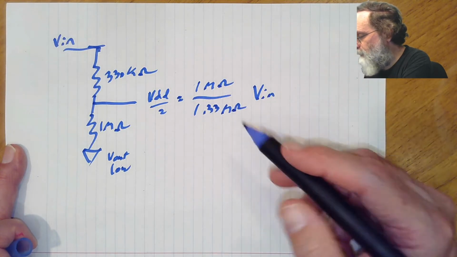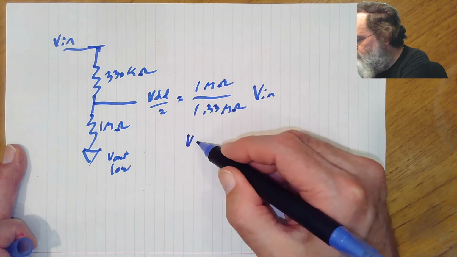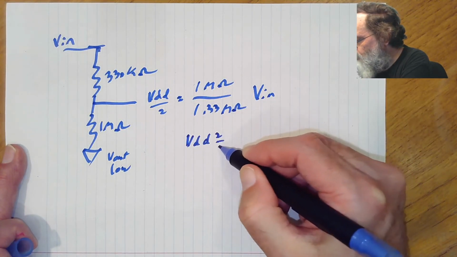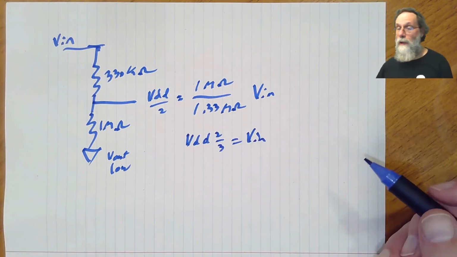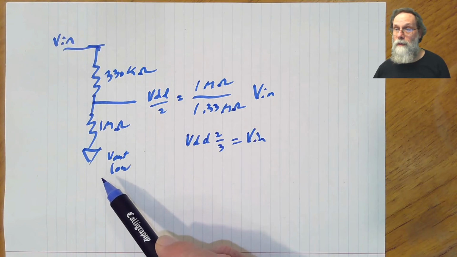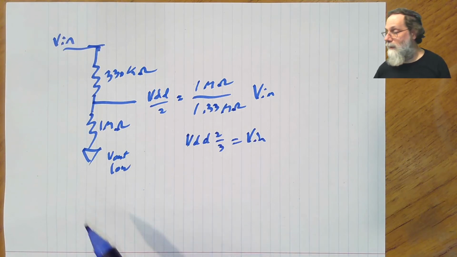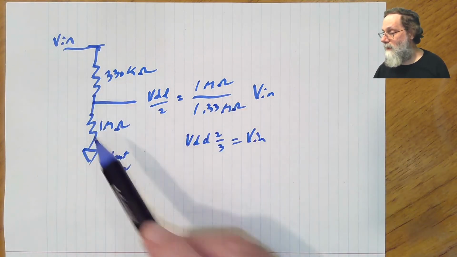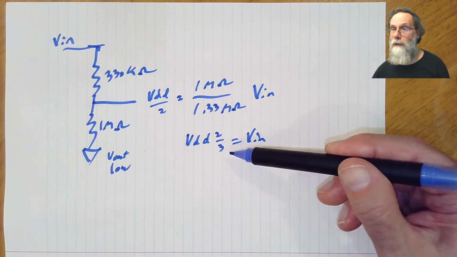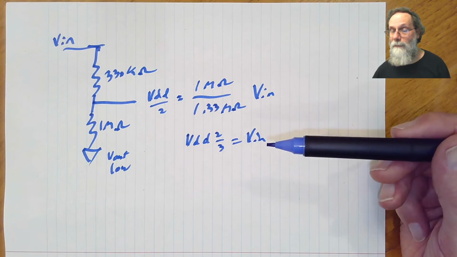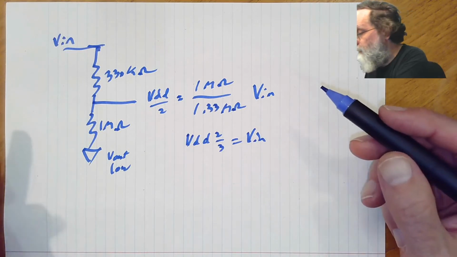So multiply both sides by 4/3, and I get VDD times 2/3 equals Vin. So when the output is low, then this voltage, Vin, has got to get above VDD times 2/3. Once it gets above that, then the output will switch high.